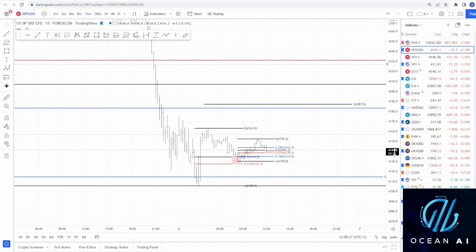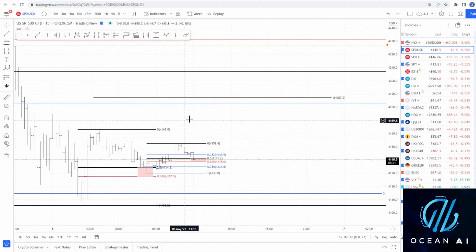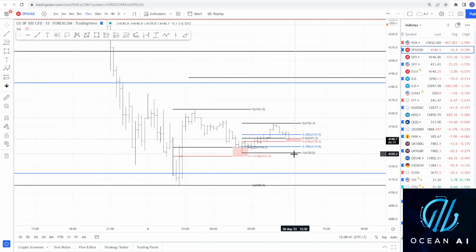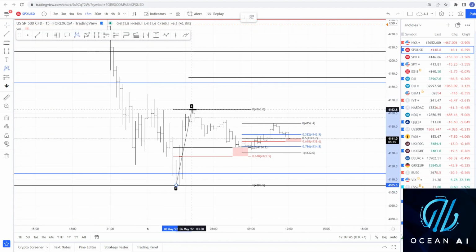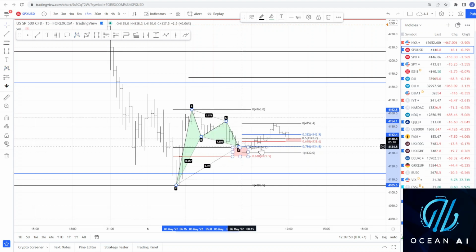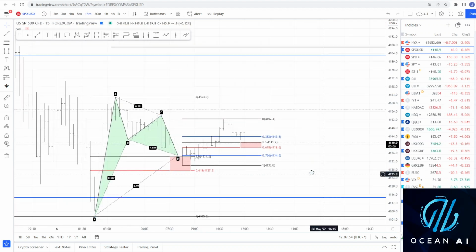And now what we've done, just at the close and then this morning, is create a little Gartley back into here, and it's rallied a little bit. So now what I'm looking for would be another rally.